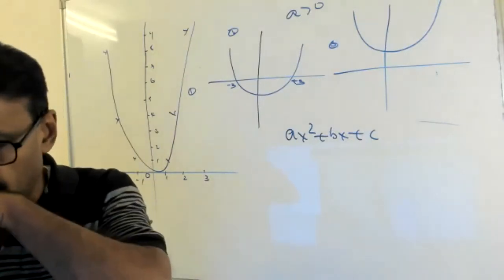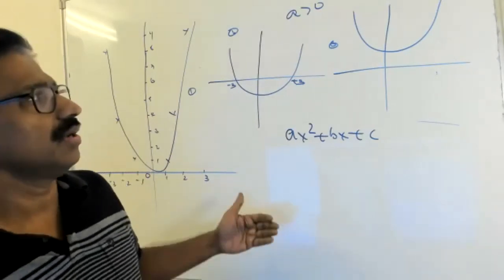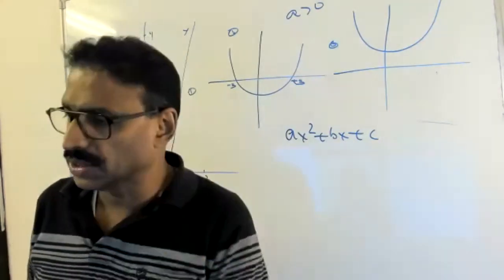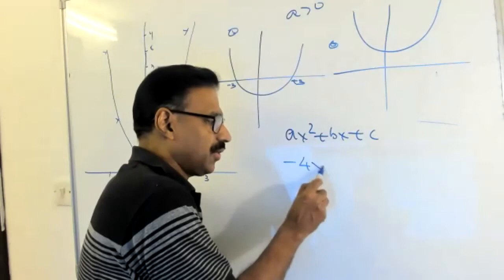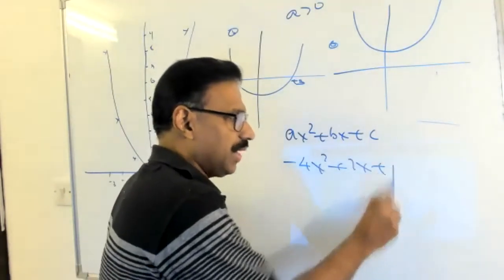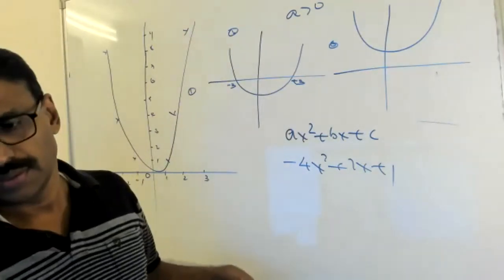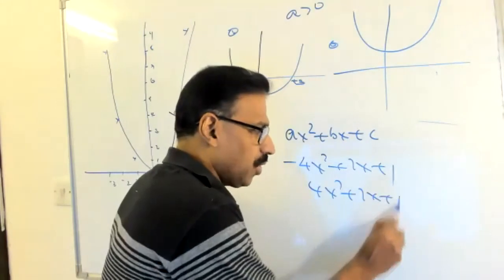Understand that. If A is less than 0, the parabola opens down. If A is greater than 0, the parabola opens up. For example, minus 4x square plus 2x plus 1: when you draw the graph, this will open down only. If it is 4x square plus 2x plus 1, it opens up.